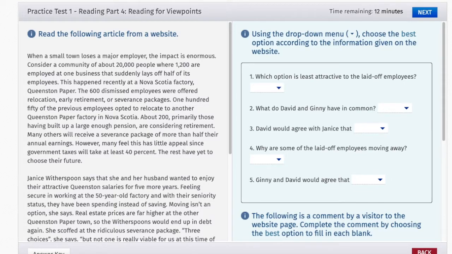So here we have sample part 4, reading for viewpoints from the CELPIP website. So according to our guide to manage our time effectively, we should read part by part. This is especially important for lower levels, we need to try to get as much information as possible.